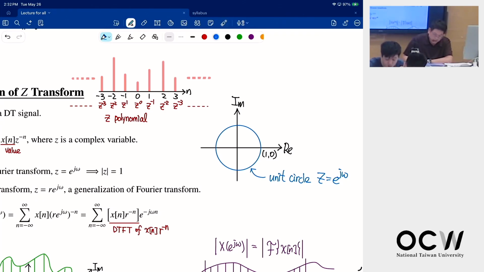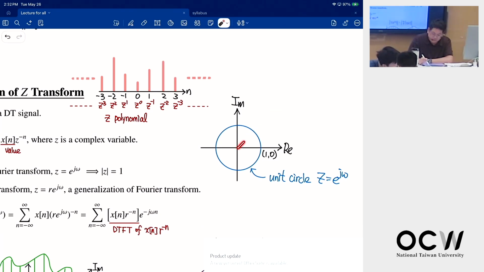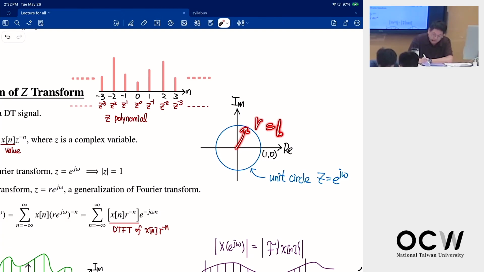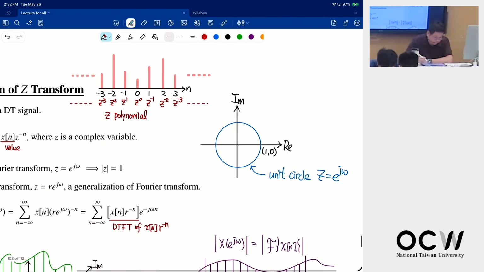But now we extend it to the whole plane. We have r, because r is 1 for the discrete time Fourier transform, but now we extend to the whole plane. z is r e to the j omega. This is omega, and the length is r.